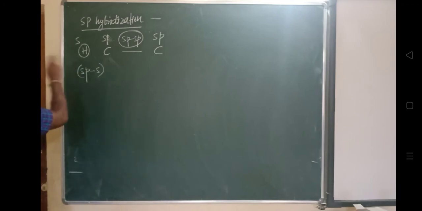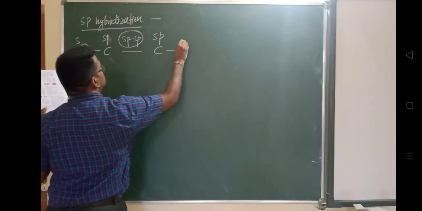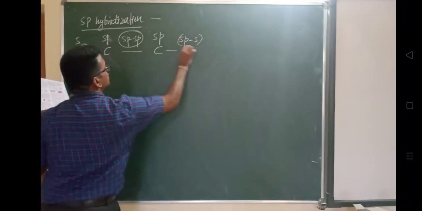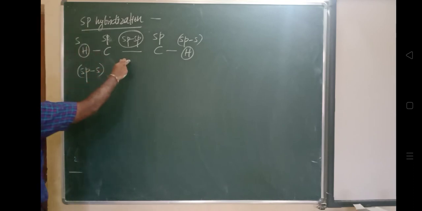In this way it forms a C2H2 molecule. One carbon-carbon sigma bond, that is an sp sigma bond, will be present, and two carbon-carbon pi bonds will be present here. In this way the sp hybridization takes place in the C2H2 molecule.